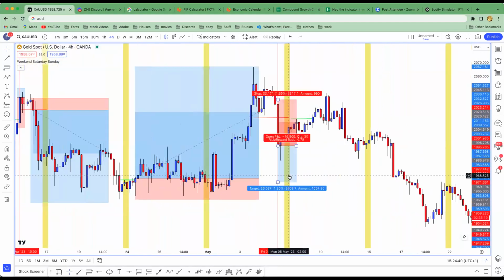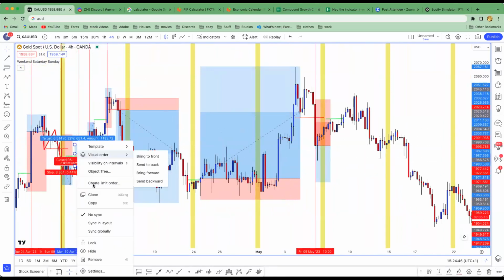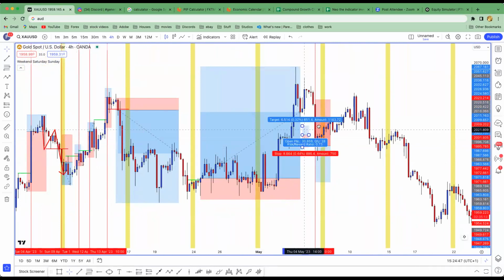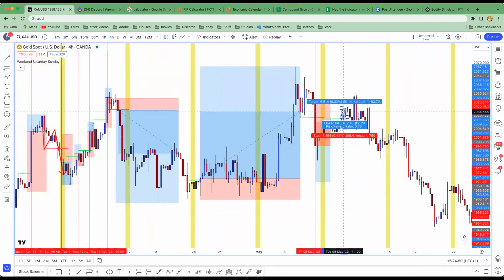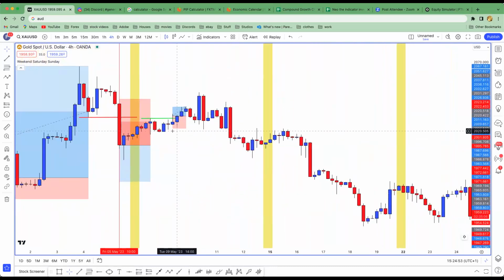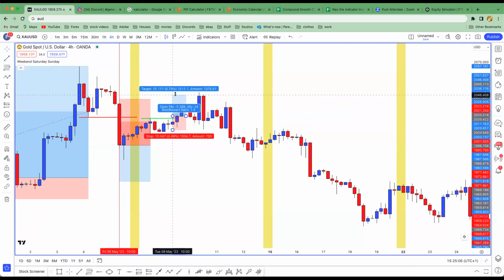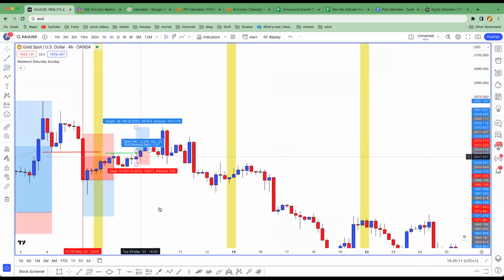And then we went for our buy. So again, we're almost done. Don't worry, people. We're almost there. So 100 pips. There we go. And this was a 1.6R trade right there.